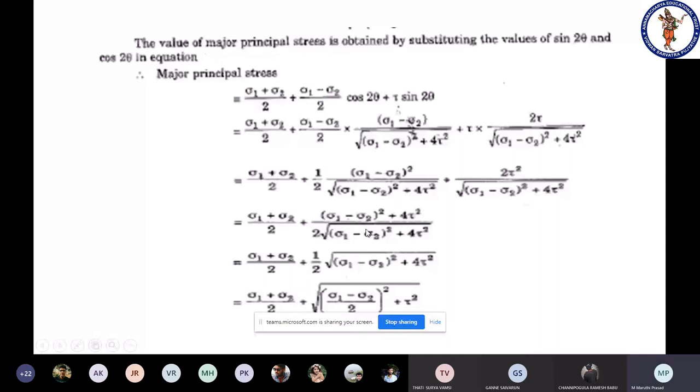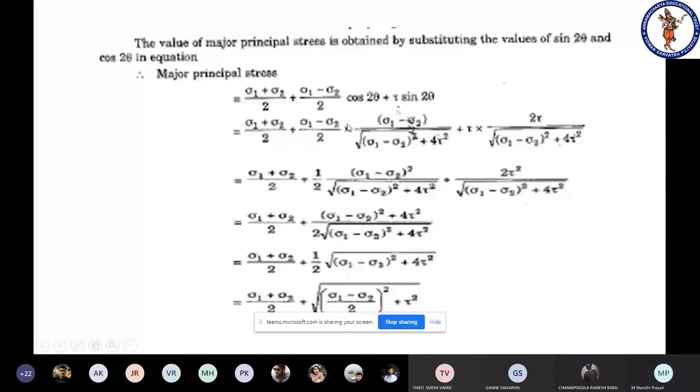So this quantity will be cancelled here. So we are getting ultimately sigma 1 plus sigma 2 by 2 plus half into, maybe you understood this particular step. You put it on paper and solve it. You can come to the final conclusion.